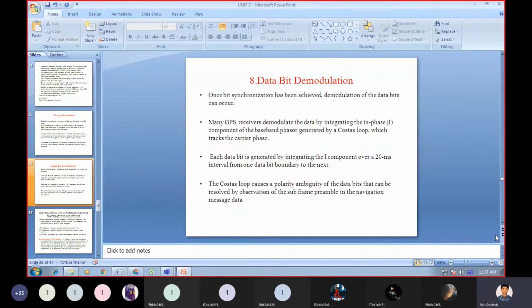Coming to the last one, the 8th step, data bit demodulation.